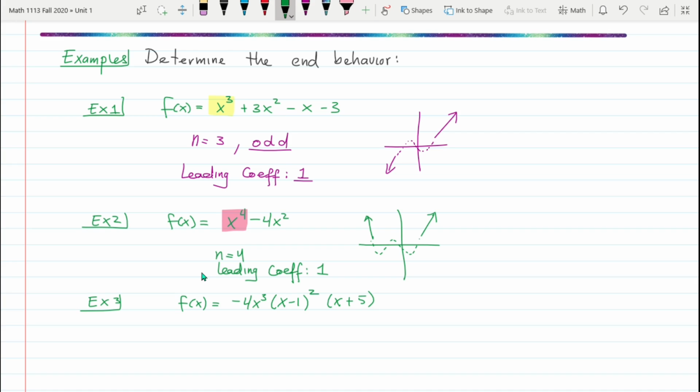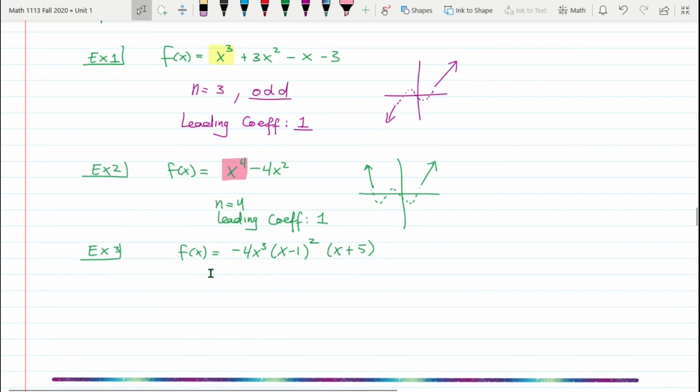Now example 3 is going to be a little tricky. Now if you look at it, it's a little different than all the other examples.